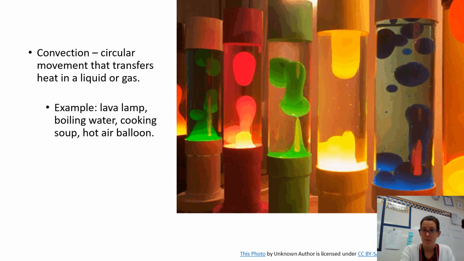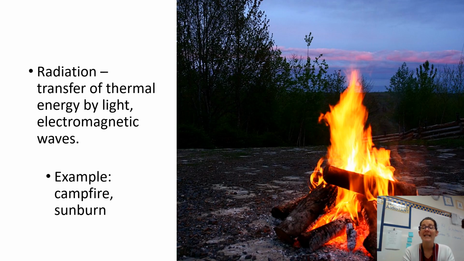The last type of heat transfer that we're going to talk about is radiation. Radiation is a transfer of thermal energy by light electromagnetic waves, and that is a mouthful, but really some good examples of that to help you think through it is a campfire or getting a sunburn. So think about the campfire.